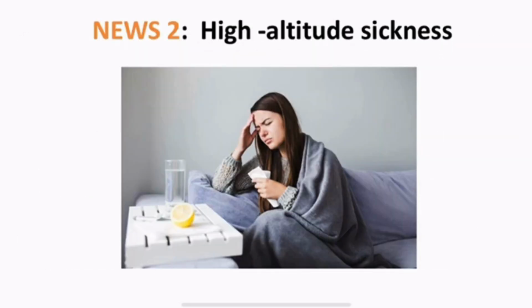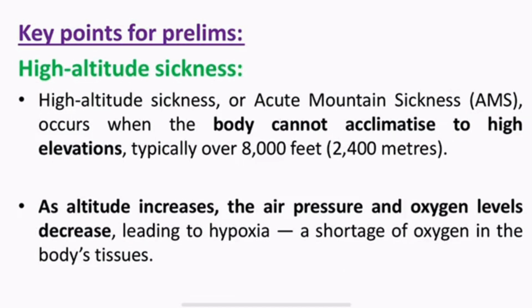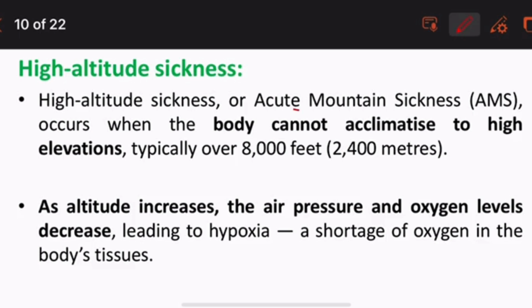Then, high altitude sickness. This comes under science and tech. A trucker from Idukki, Kerala died in Uttarakhand while attempting to scale Garur peak due to respiratory failure. Numerous tourists are affected like this. This is the issue of high altitude sickness, otherwise called AMS, that is acute mountain sickness.